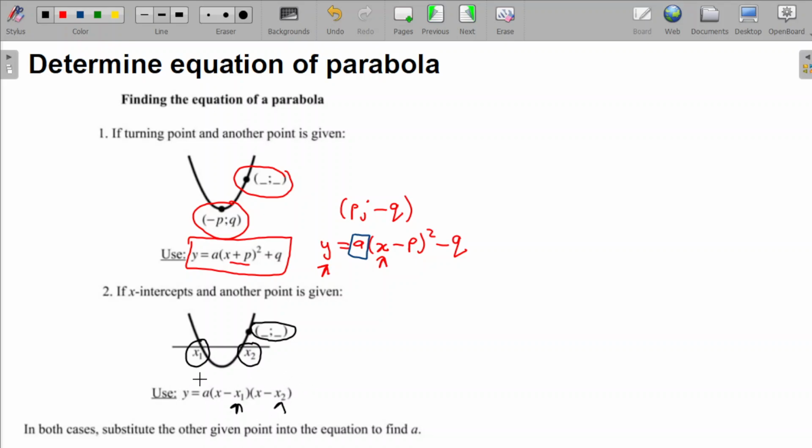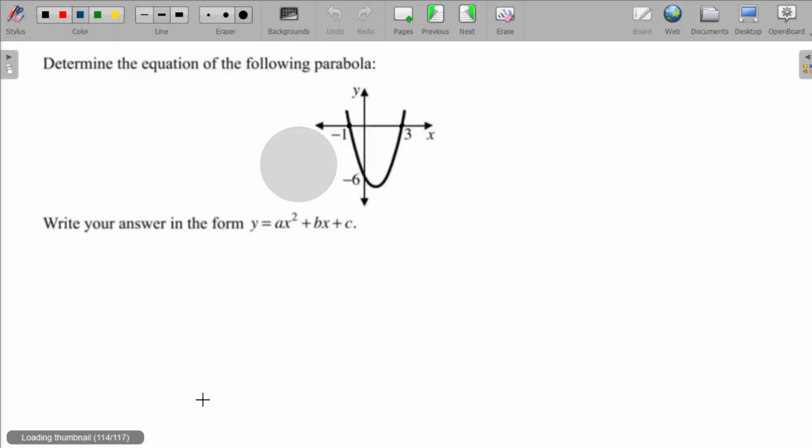This is the equation that you use when you have your x-intercepts. The x and y is the point that you have in the graph, which you substitute. Again, the aim in all of these is to find the value of a. Hopefully, we are getting each other.